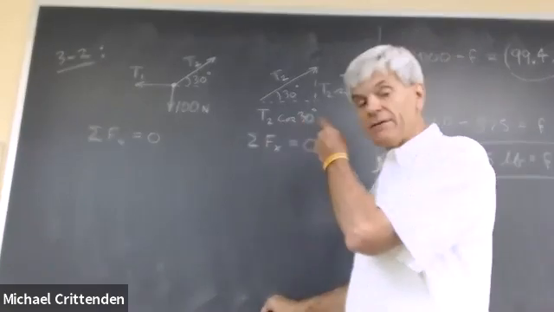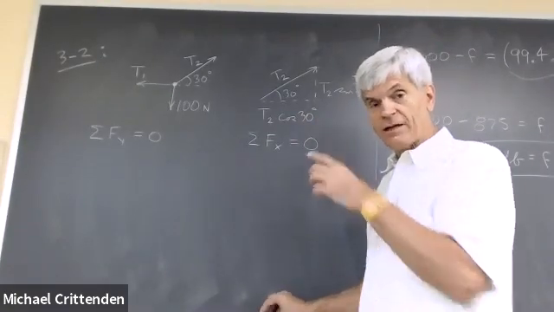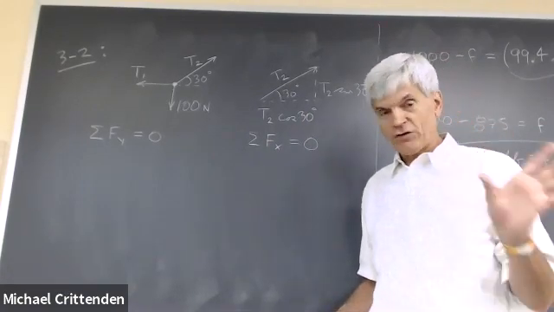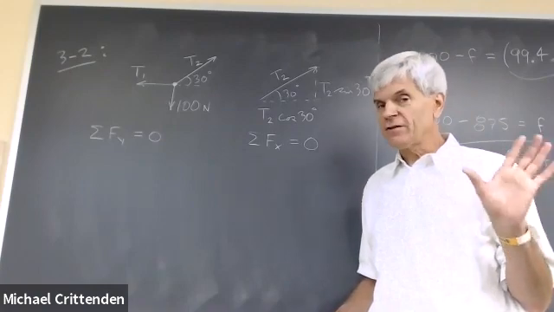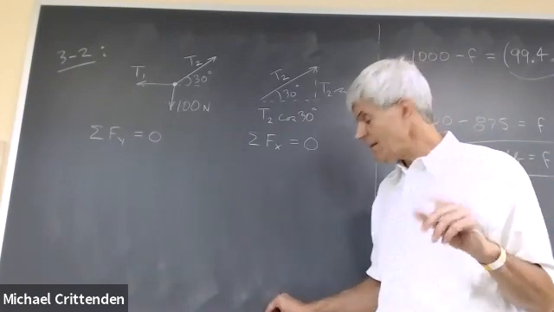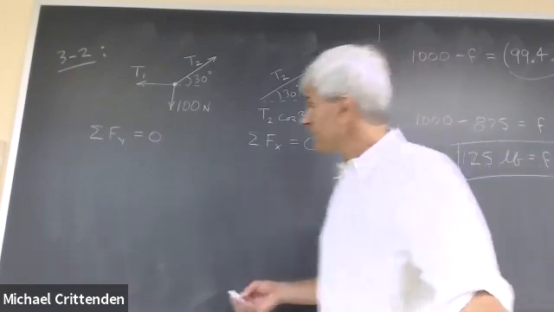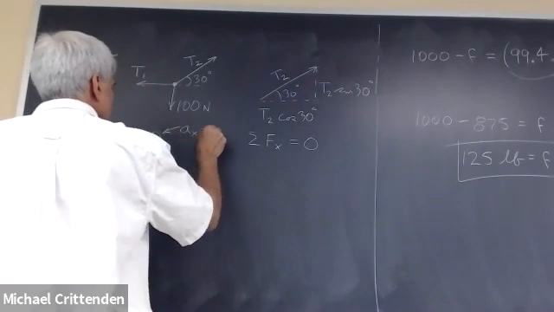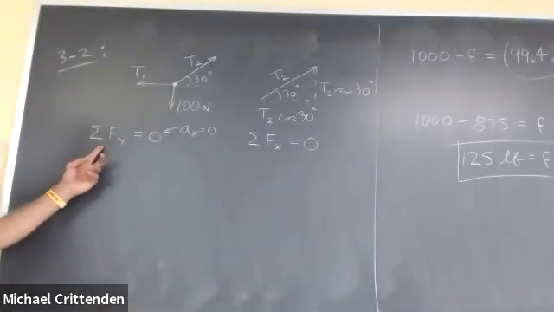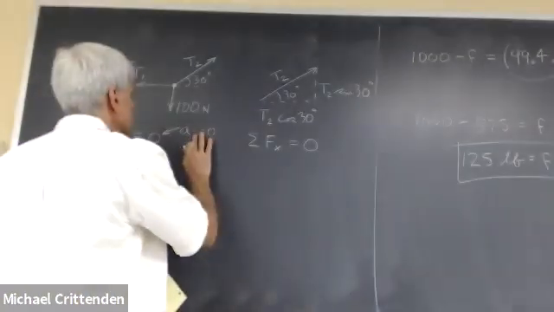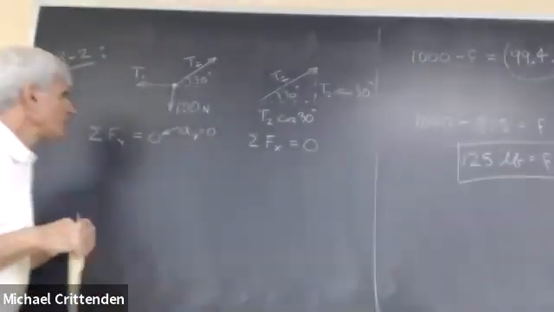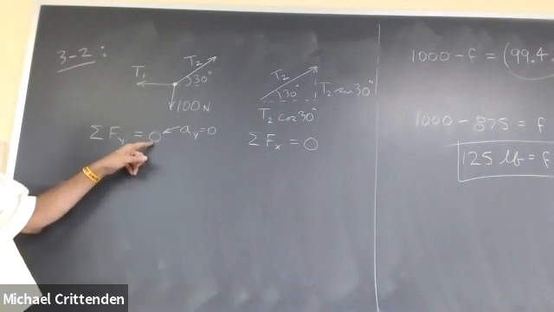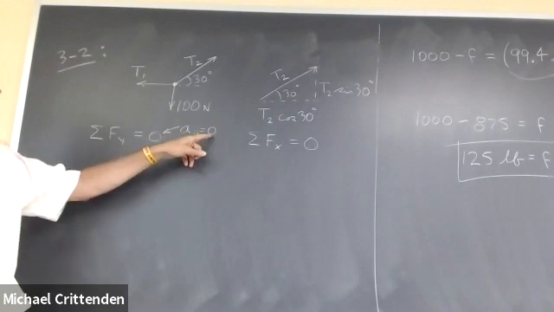But if you have an object at rest remaining at rest, like a piece of steel in a bridge that's been just standing there in the same place since 1927, its acceleration is zero. The reason that the sum of the forces in the Y direction is equal to zero is because AY is equal to zero.